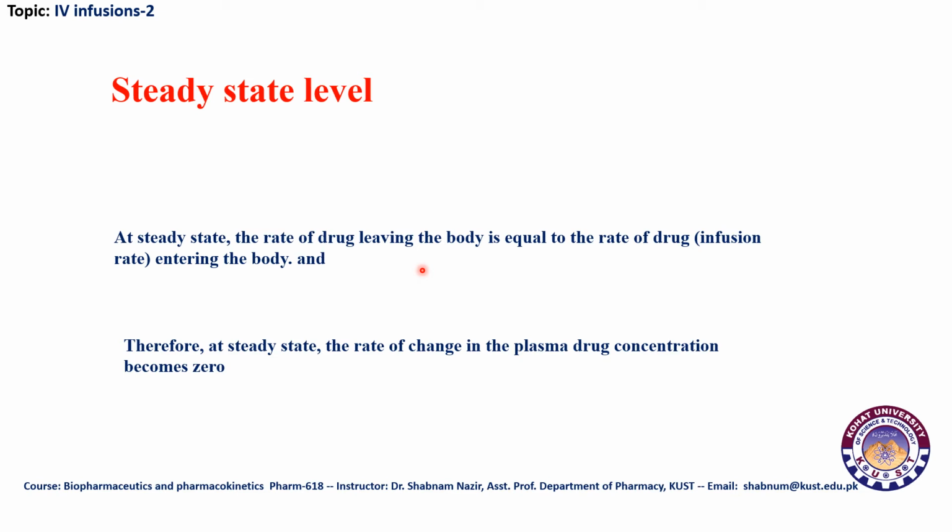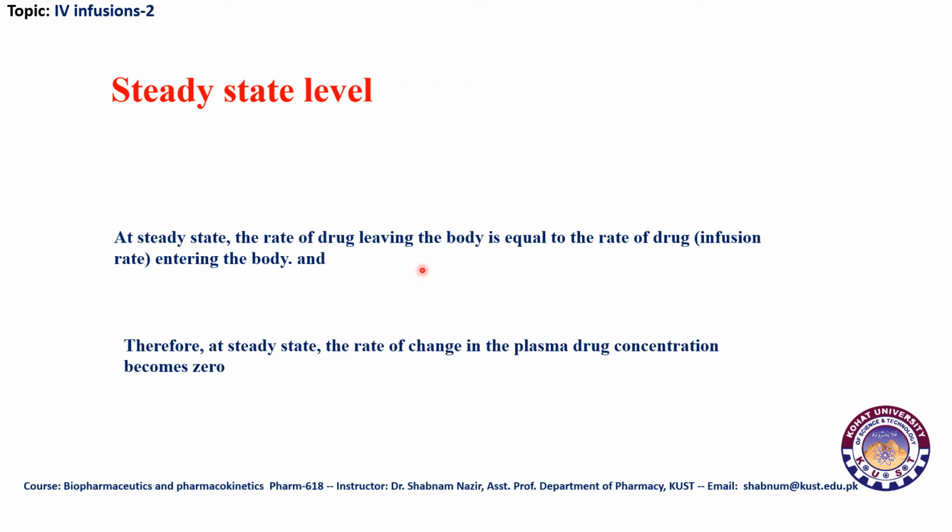And the reason is that the drug is being orally administered, and definitely it takes some time to reach the level again, and then when elimination dominates till the next dose, the concentration drops a little bit.